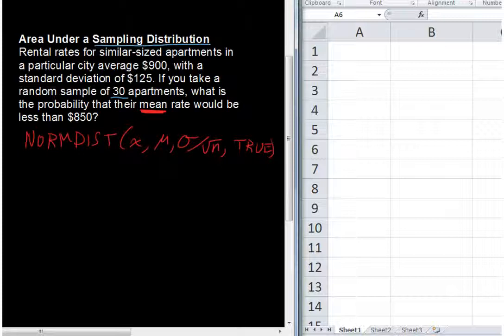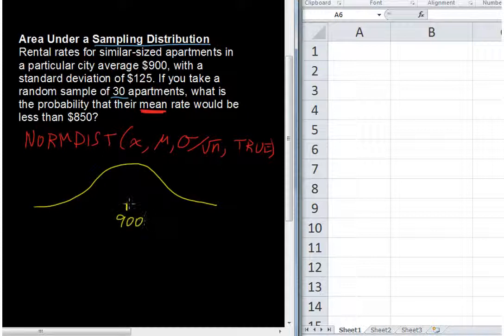Just in case you have not used the normal distribution function before, Excel is pretty nice about this. You don't have to look this up on tables. The mean of the means, that is for the sampling distribution, is 900 here.